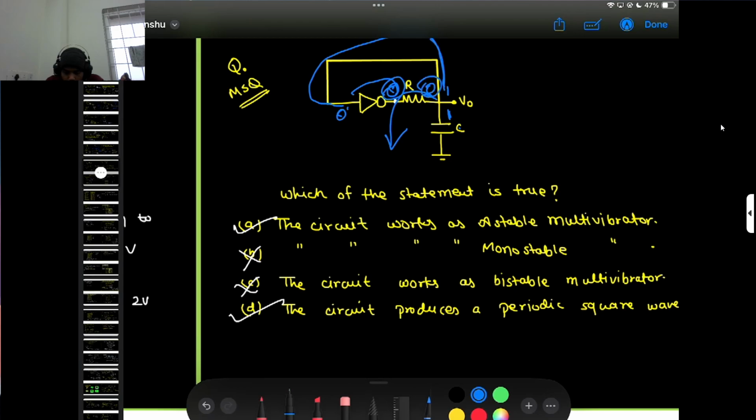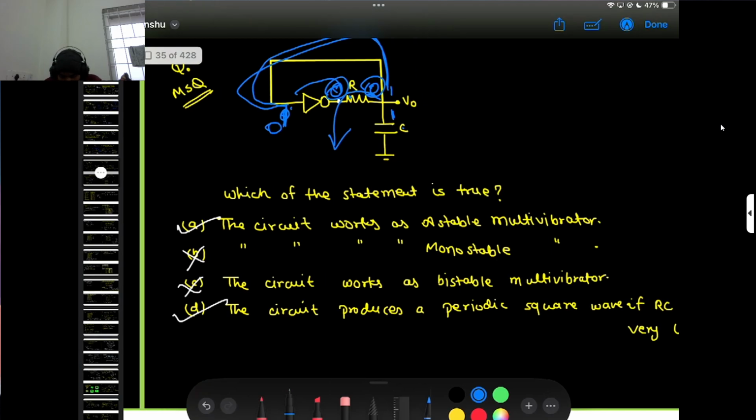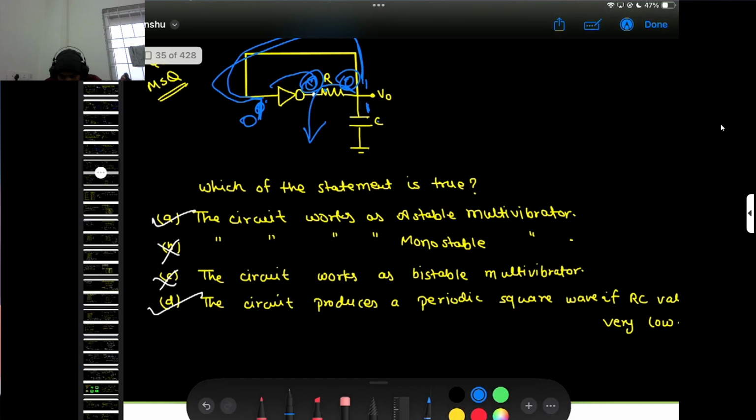If it is 0, then again this goes to 0. So it's an astable multivibrator.